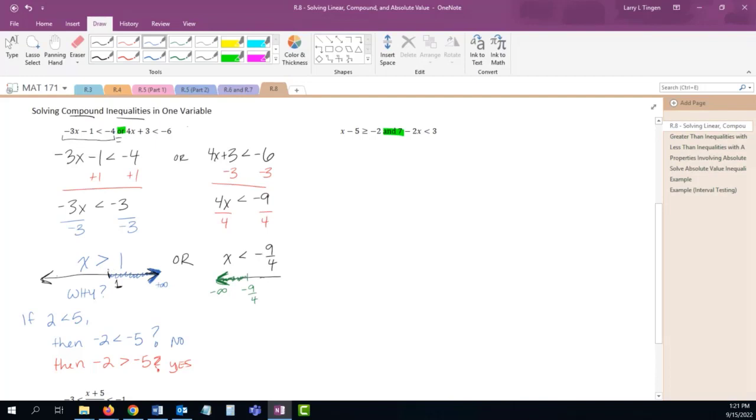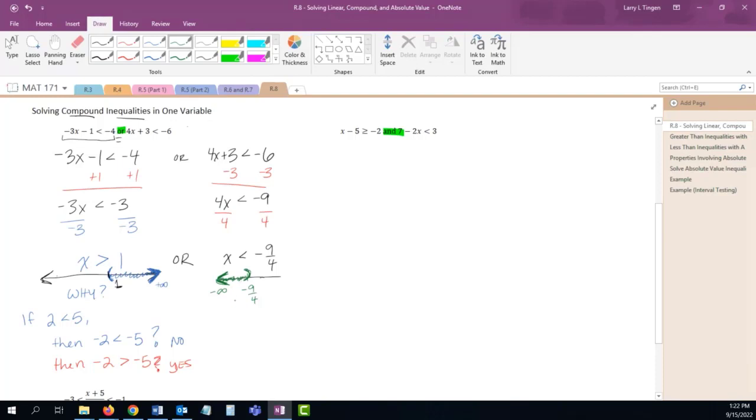So there's two ways to represent this on the line. One of them is an open circle. That's an old school way. The other one is a parenthesis. So if I'm drawing this out on my number line, you'll see me put a parenthesis right there at the 1. And for the negative 9/4, same thing. This is strictly less than. The negative 9/4 is not included, so I'll get a parenthesis.